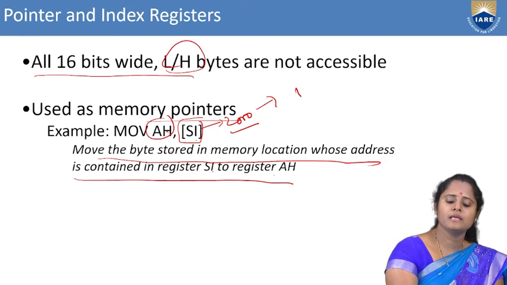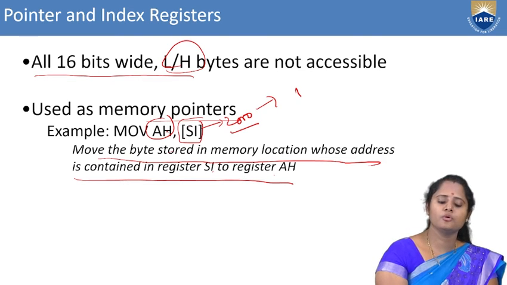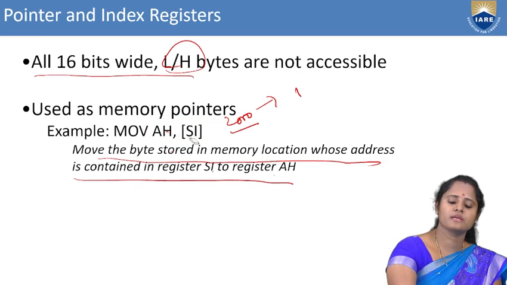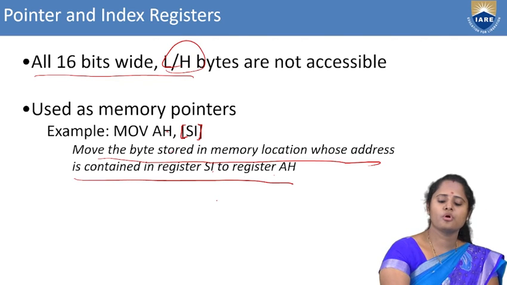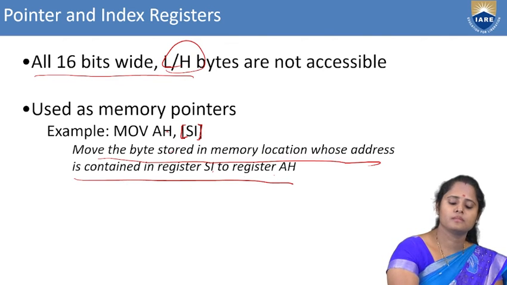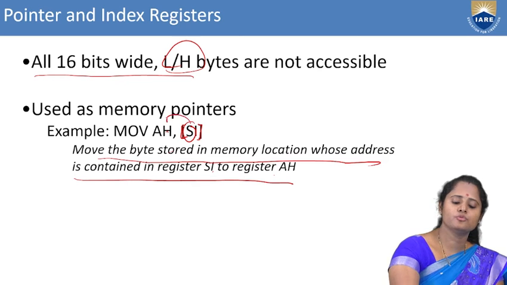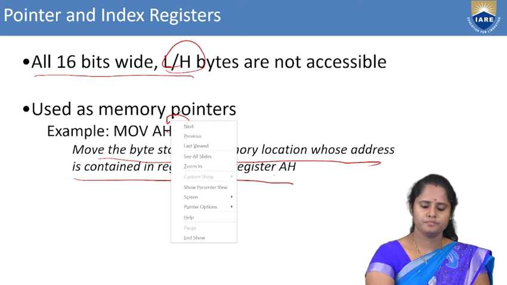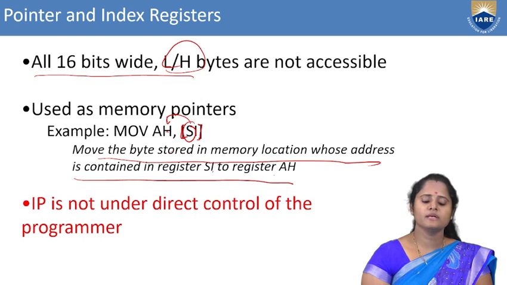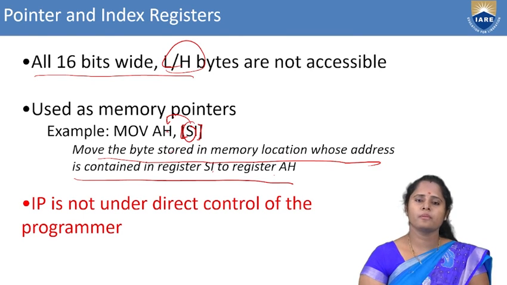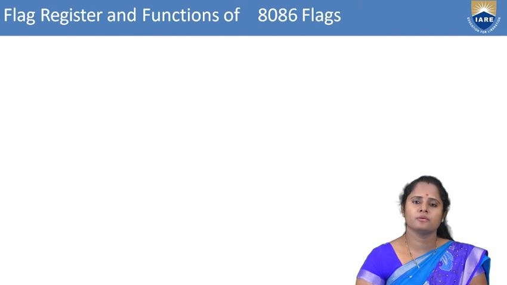The square brackets indicate that whatever the content of that memory location is, it is moved to the AH register. IP is not under the control of a programmer. IP, as we discussed, is the instruction pointer, and it will not be controlled by the programmer.